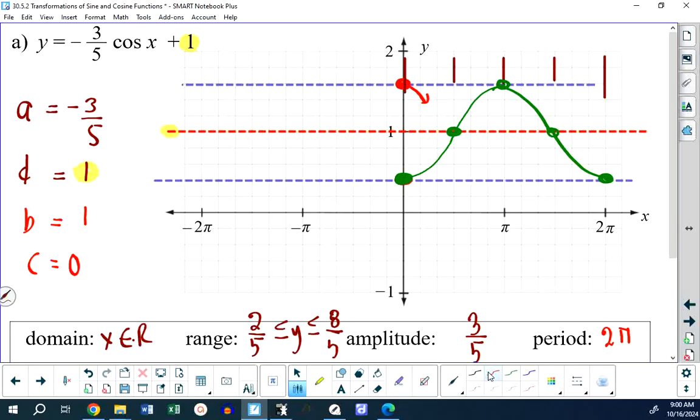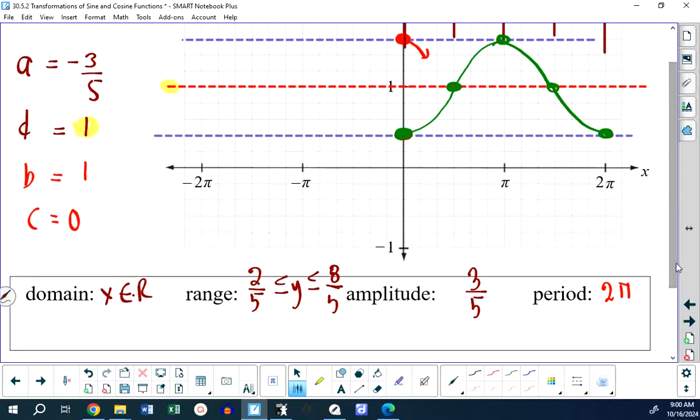It should not be lost on you that 2/5 is D minus the amplitude, and 8/5 is D plus the amplitude. Because D is where the middle of this thing is, and you add the amplitude to D to get the maximum, and you take the amplitude away from D to get the minimum. You cannot put lowercase a here.